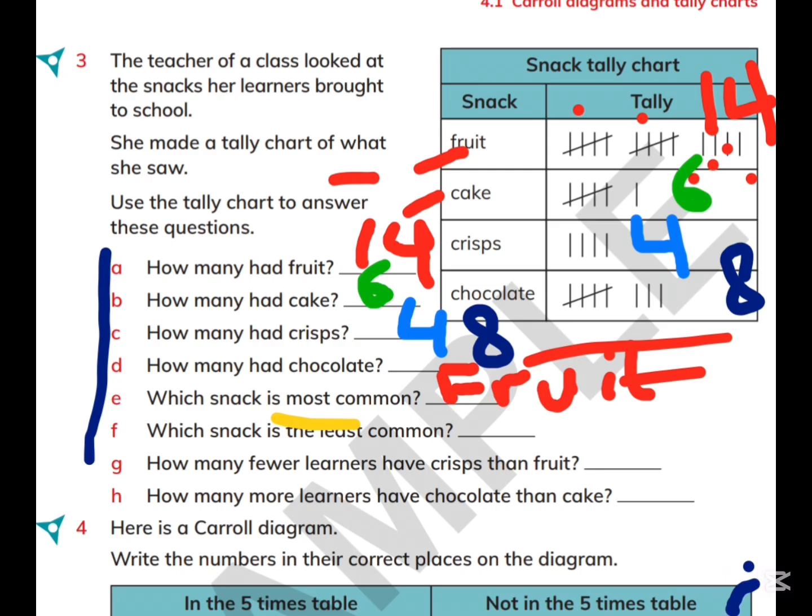Now, which is the least common? It means you will see the lowest number among all of these. So 4 is the least common. So crisps is the least common snack which has been sold. So crisp, CRISP.